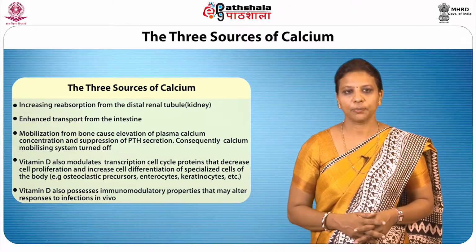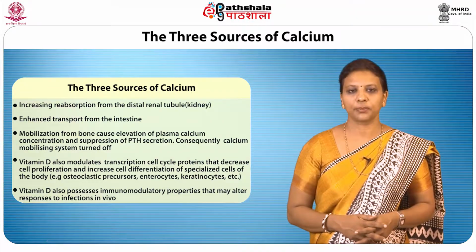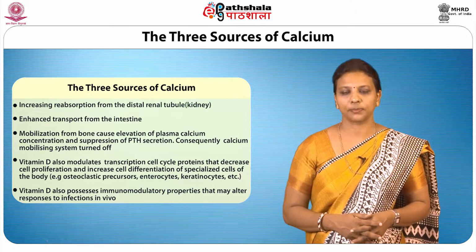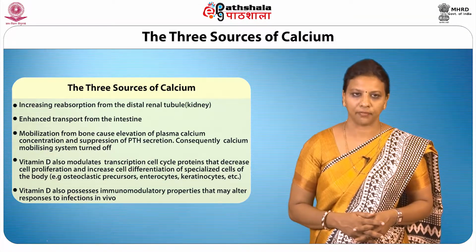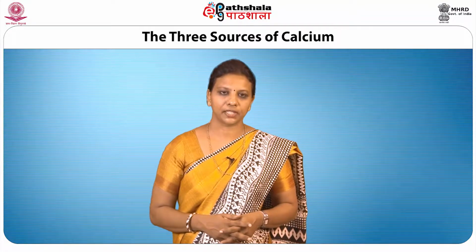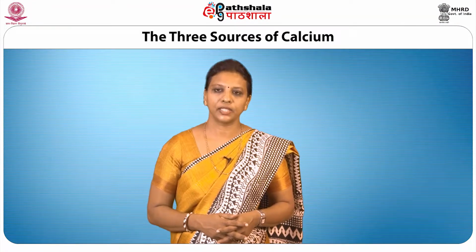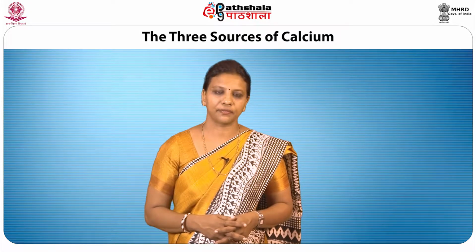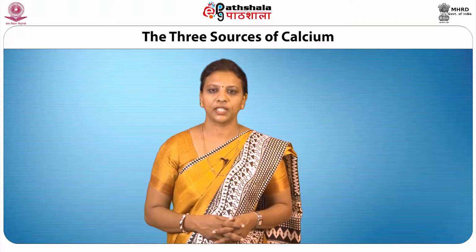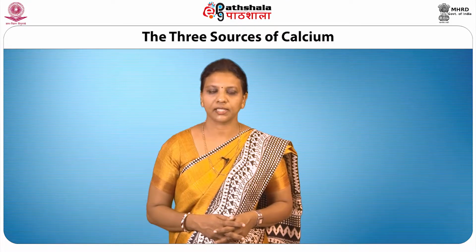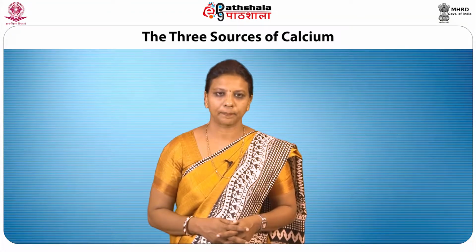Vitamin D also possesses immunomodulatory properties that may alter responses to infections in vivo. The cell differentiating and immunomodulatory properties underlie the reason why vitamin D derivatives are now used successfully in the treatment of psoriasis and other skin disorders.